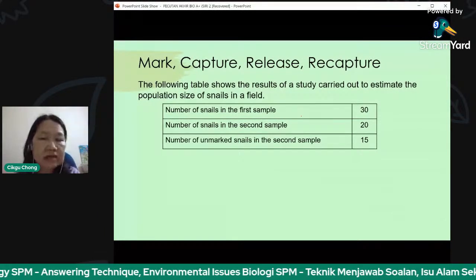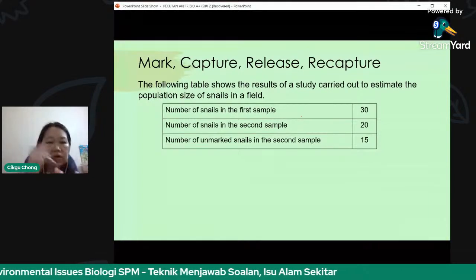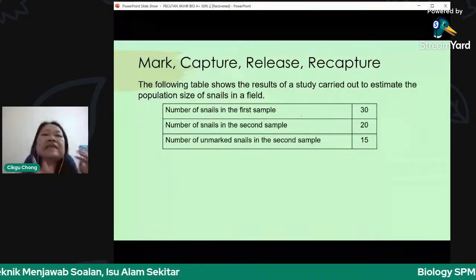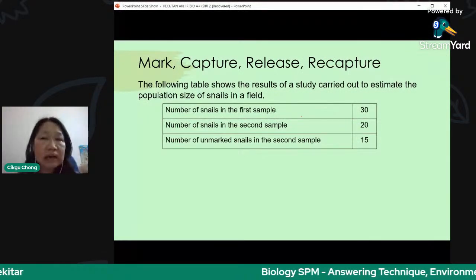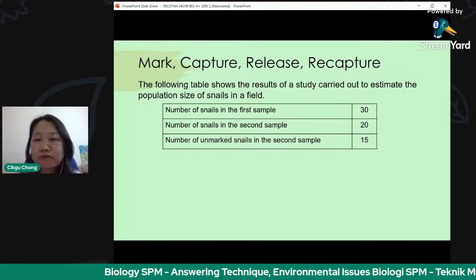So, and then after that, what you need to do is you take all your 30 and you're going to mark it with a certain ink that is not going to harm the animal, but it's clear enough to see. Make sure it's waterproof, because once it rains habis, you don't see your marking anymore. Then all your effort of this one is all gone.